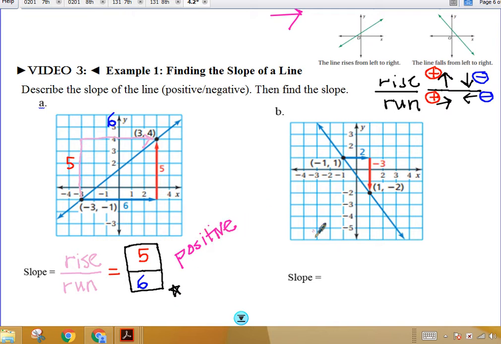Good. Now, the next graph, let's start with the direction. This one is going down from left to right. So we know that our slope should be negative. And whatever value we get for the slope, we should get a negative value. Now to find the slope, if you want to pause the video, you can and try it on your own. You can definitely go for it.